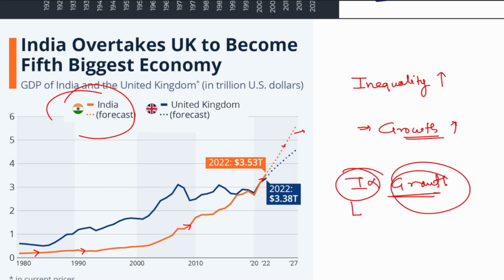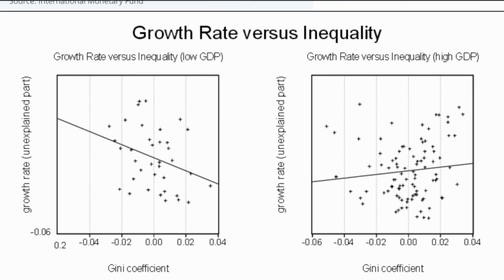But can it forever be true? Is it going to be like this forever? We need to see. So let's come here: growth rate versus inequality. This is growth rates versus inequality in a low GDP country, where the growth rate is on the y-axis and the Gini coefficient is on the x-axis.